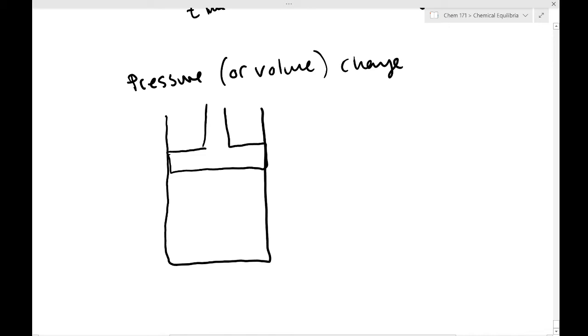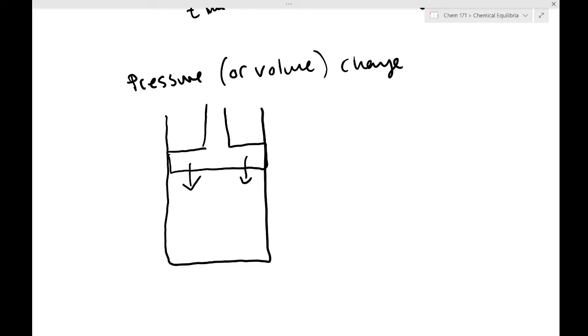Okay, we have a piston within a cylinder, and we can move this piston up and down to change the volume in the canister below. And when we decrease the volume, ostensibly, we're also increasing the pressure due to the ideal gas laws. Pressure is inversely proportional to volume.